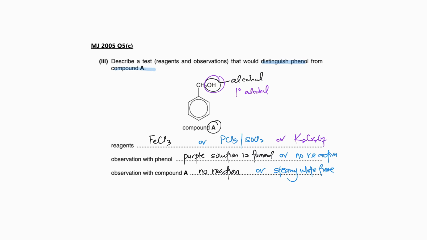Potassium dichromate will oxidize compound A, which is a primary alcohol, and the observation will be that the orange solution of potassium dichromate turns to green. There will be no reaction for phenol.